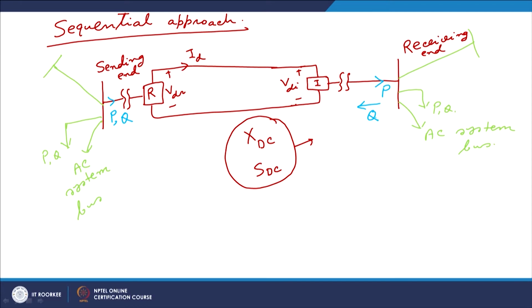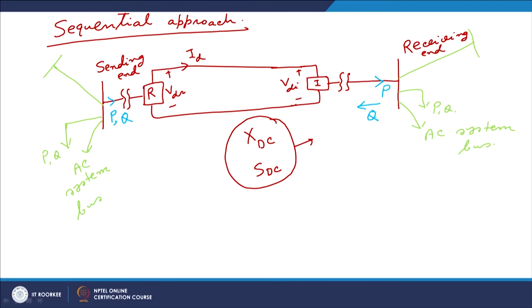This real power and reactive power will depend on the voltages VDR, VDI, ID, this resistance, that is, the entire operation of this HVDC link.